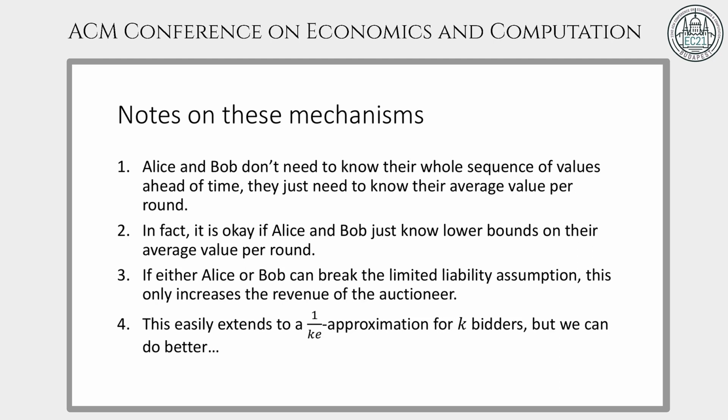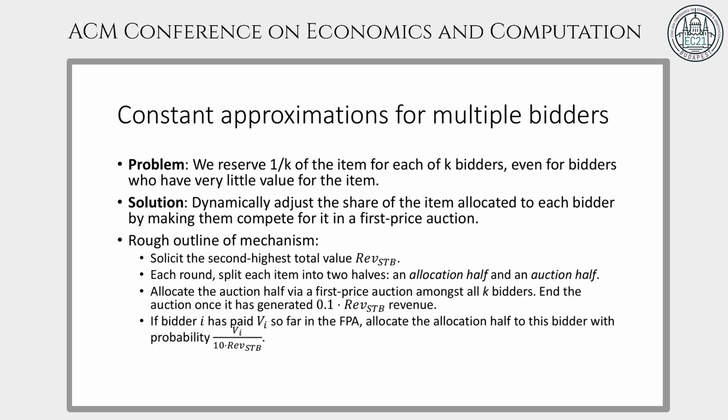But like we mentioned earlier, we can do a little bit better modulo certain relaxations. So in this final slide, I want to give a high-level overview of our constant approximation factor mechanism for multiple bidders. So to refresh your memory, this is a mechanism which gets a constant factor approximation. The constant is independent of k, of the selling the business benchmark for selling to k bidders.